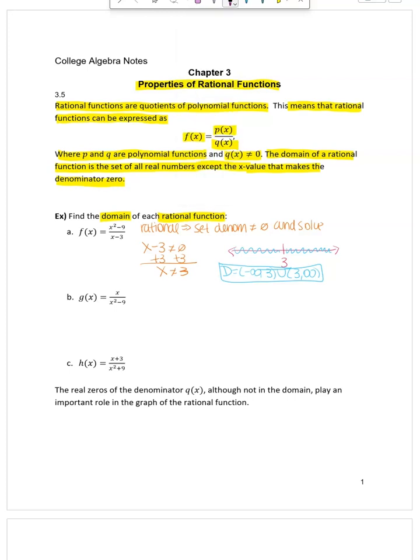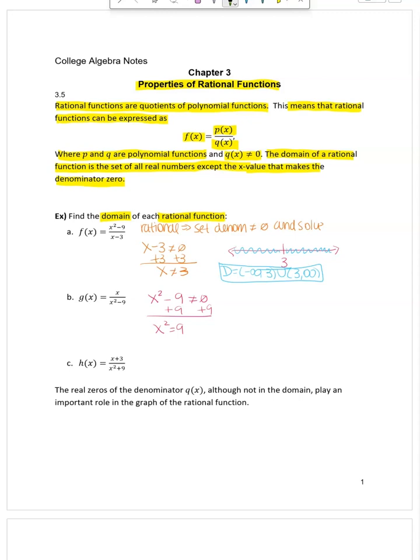Okay, let's do another one. Again, it's rational, so we set the denominator not equal to 0 and solve. Same instructions: x squared minus 9 cannot equal 0. Move the 9, so x squared equals 9. Now we have to get rid of the square.